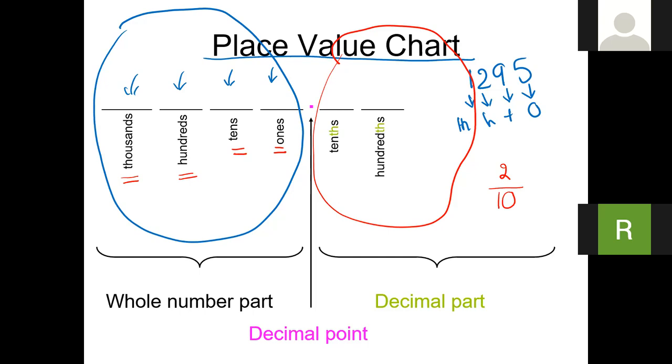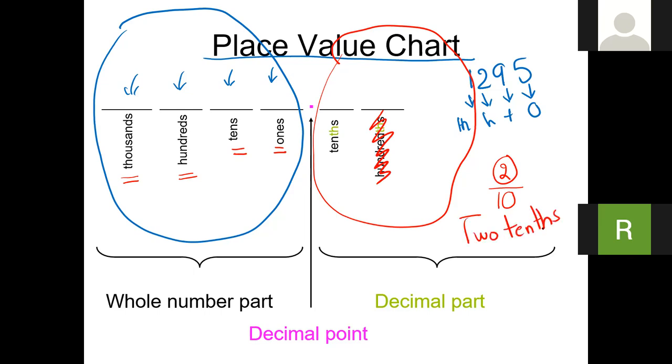Okay, 2 or 3, what is the place value of 2 here? Look, 2 over 10. Do you remember from the previous lesson how we write this fraction in letters? Teacher, 2 over 10, how do we write it? 2 tenths.